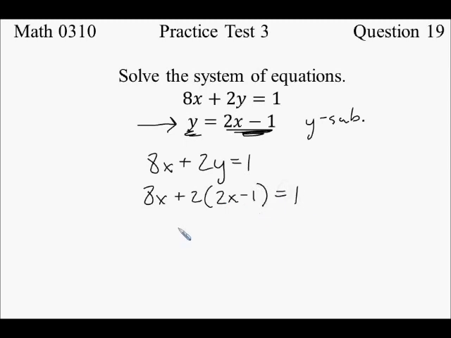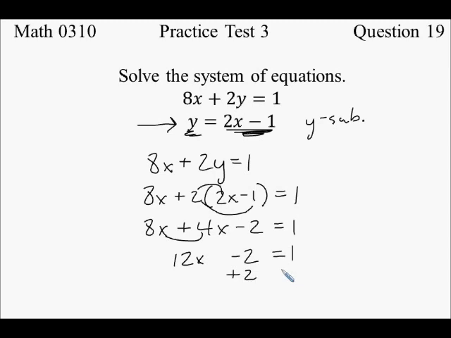equals 1. Now we distribute our 2, so we have 8x plus 2 times 2x gives us 4x. 2 times negative 1 gives us minus 2, and that equals 1. Combining the like terms, we get 12x minus 2 equals 1. Then we get the x term by itself.